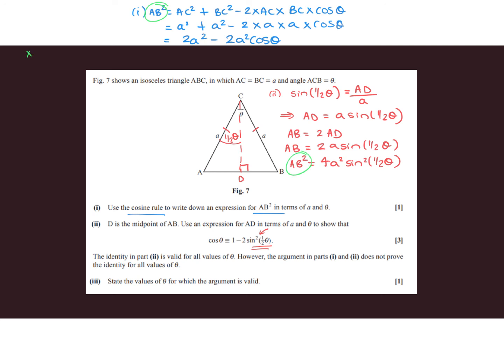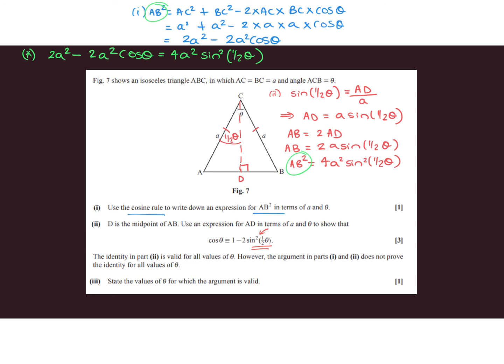I'm going to do that over here where I've got a little bit of space. So 2A squared minus 2A squared cos theta must be equal to 4A squared sine squared a half theta. And we can divide through all the terms by 2A squared.